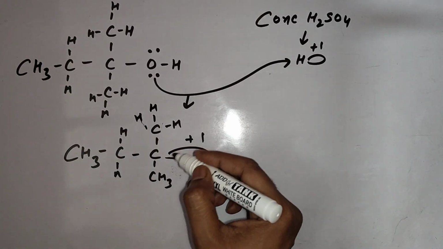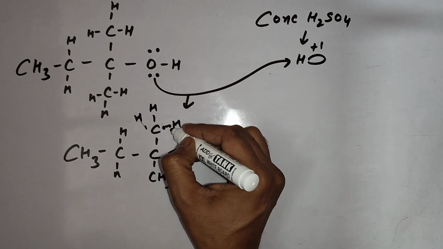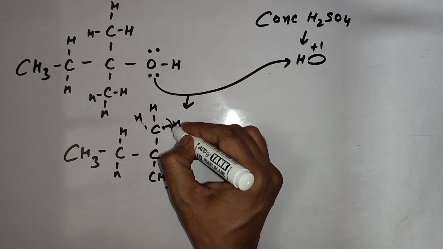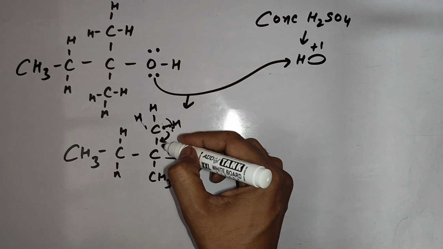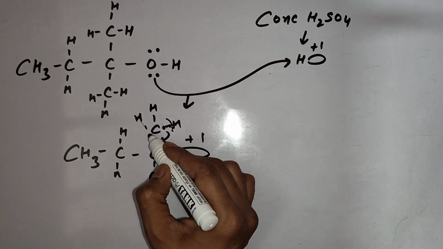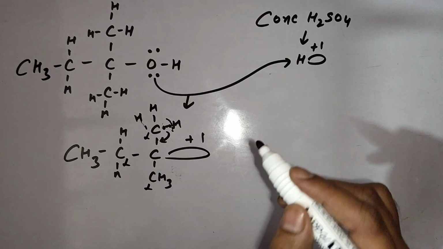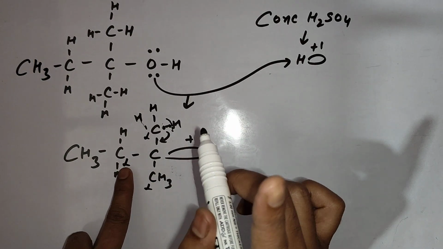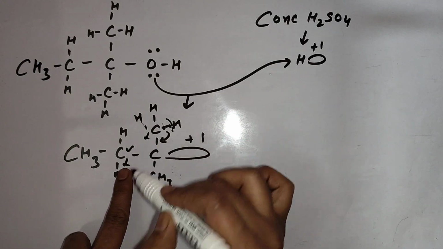Now this carbocation can be stabilized by a neighboring carbon, the alpha carbon. How? By shifting these electrons here. A double bond will generate and an alkene will form. Here we have 3 types of alpha carbons, 1, 2 and 3. Which alpha carbon will create the major, most stable alkene? That will be this one.